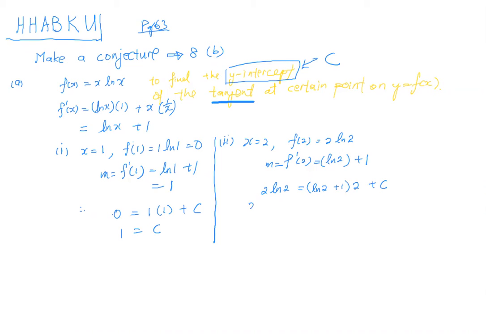So it will be 2 ln 2 equal to (ln 2 plus 1)(2) plus c, so c equal to -2.